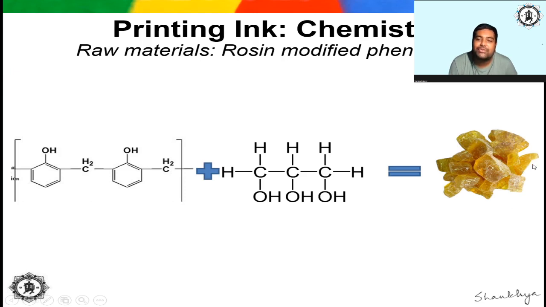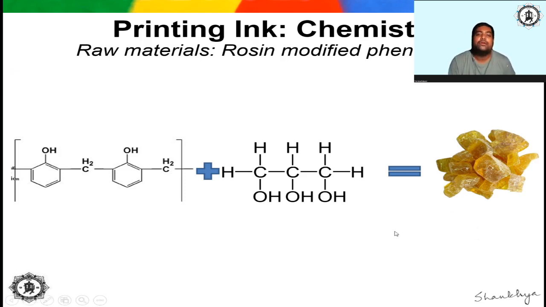That is why I gave you this image. I don't know if this reminds you of something. It looks like mishri, which when we were little we used to have in glass bottles. You used to mix it in water as a sugar sweetener. It appears exactly like that, like these dull crystals. Okay, that is how it looks.